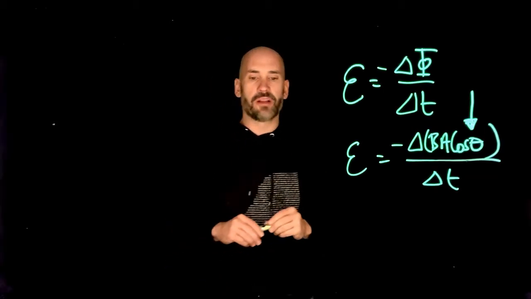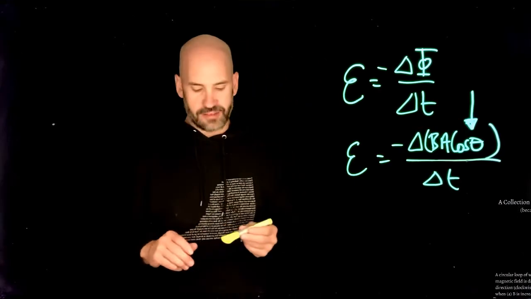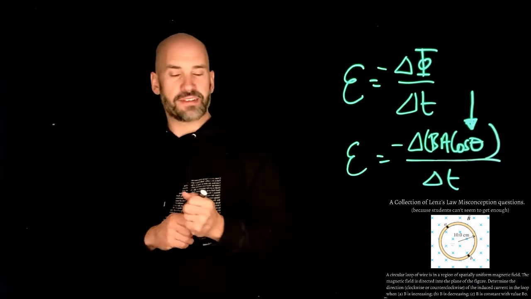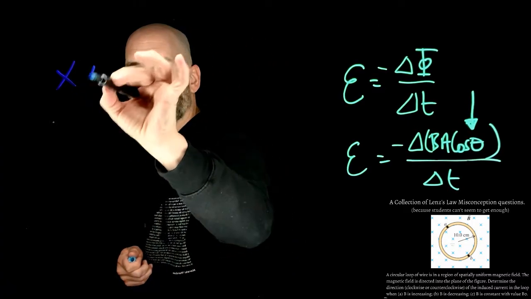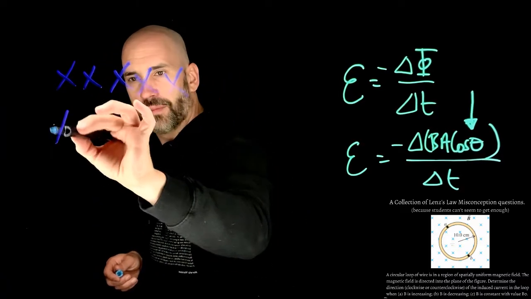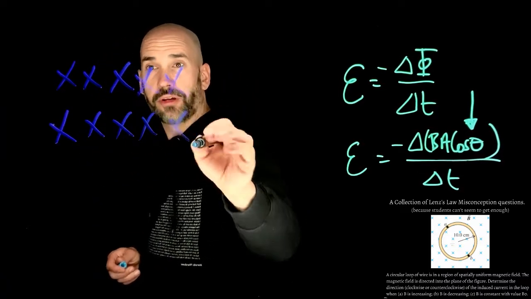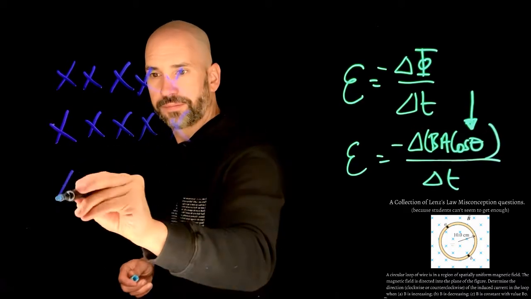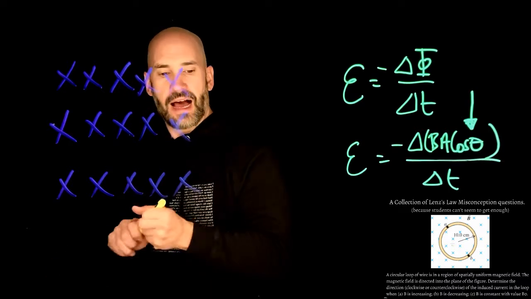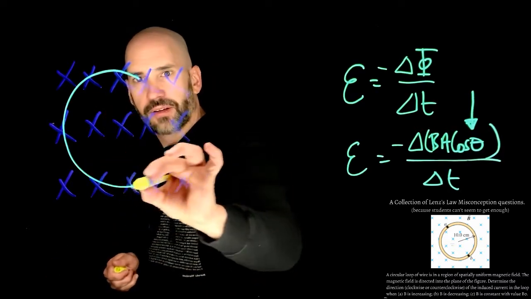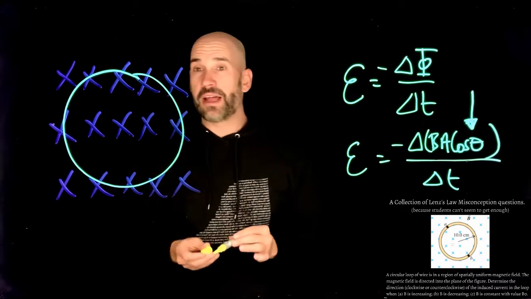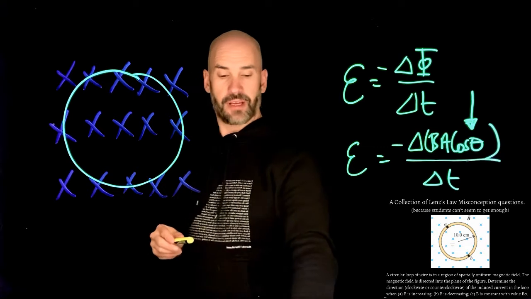From here, I want to look a little bit more at a few more Lenz's law problems, just to give you more practice. So I'm going to start with another picture of a magnetic field that is going away from you. Inside that magnetic field, I have a loop of wire that has no current in it right now, but may eventually.